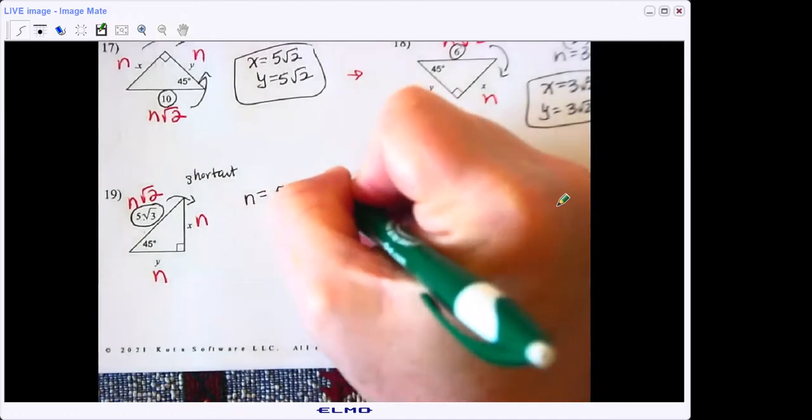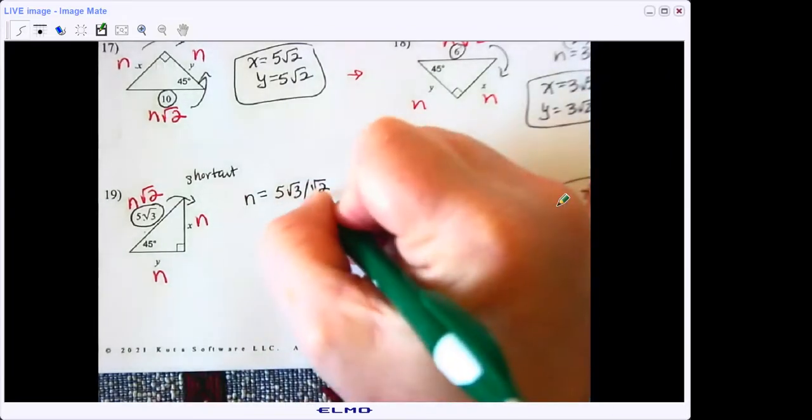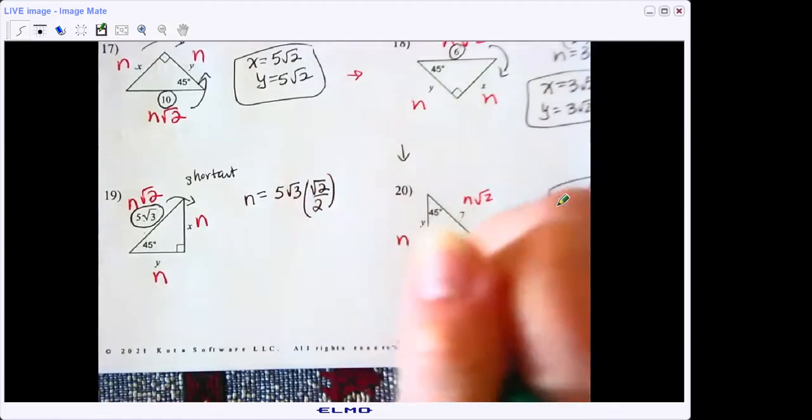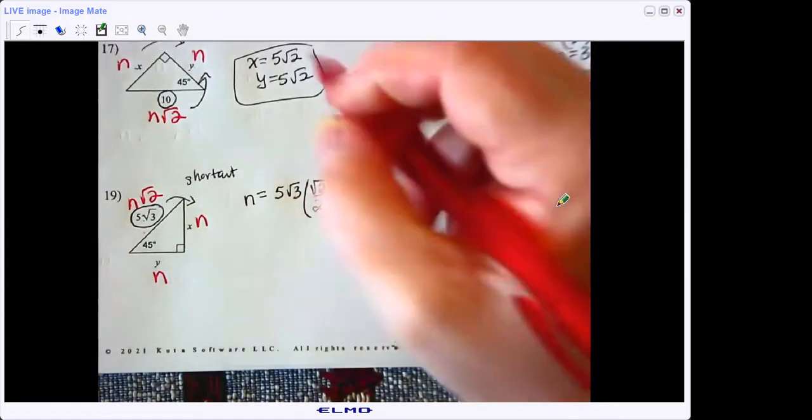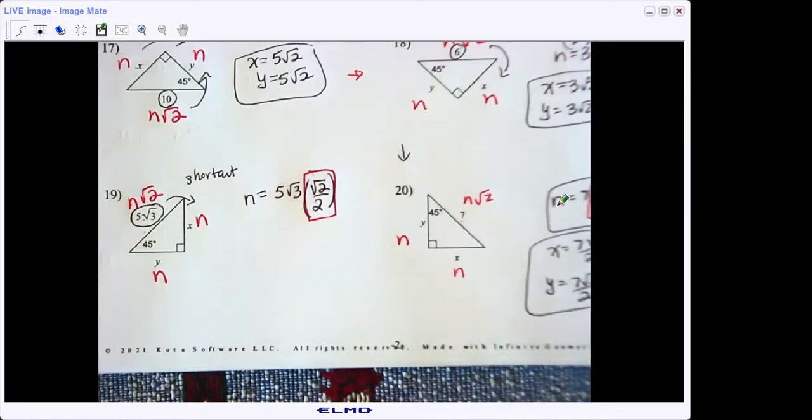Just root 2? There's more to it than that. What goes on the bottom? The 2. Okay, root 2 over 2. That is the shortcut right here, guys. So when we're applying the shortcut, it's root 2 over 2.